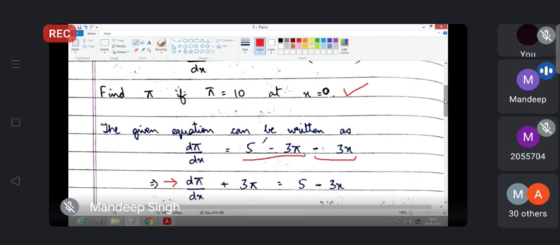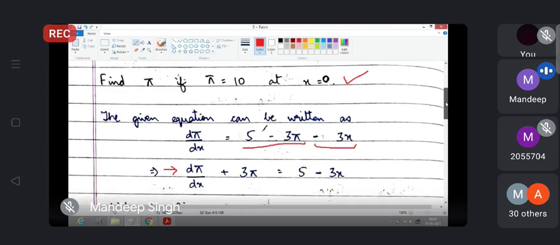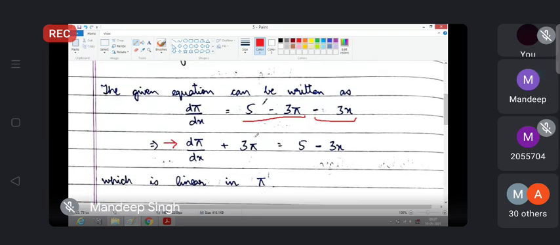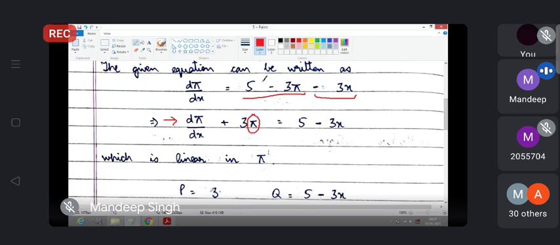Comparing this with the linear form, dy over dx plus py is equal to q, मतलब this equation is linear in pi. So capital P is equal to 3 and q is equal to 5 minus 3x.